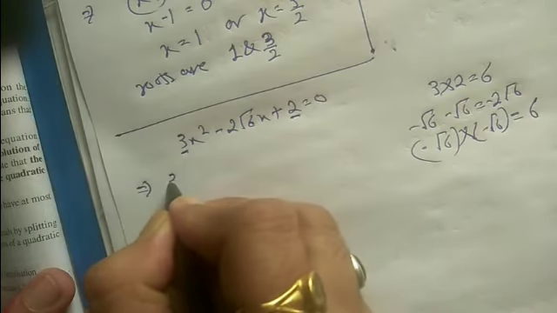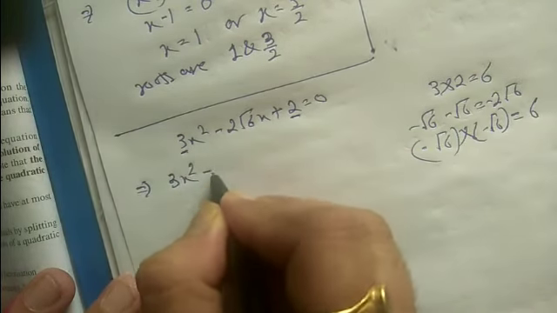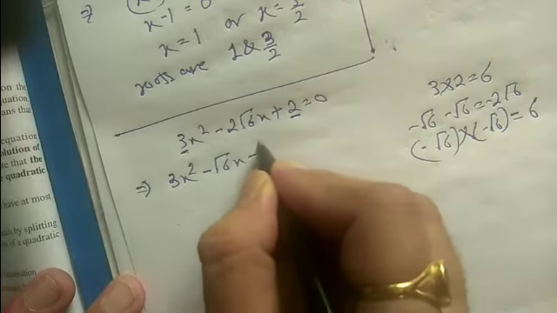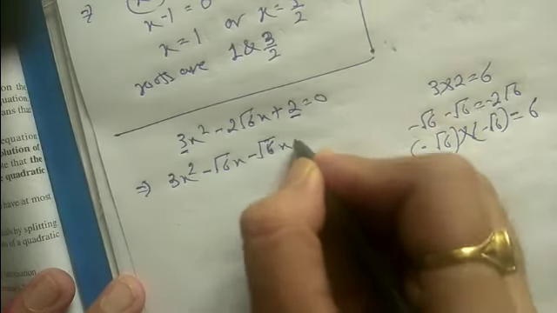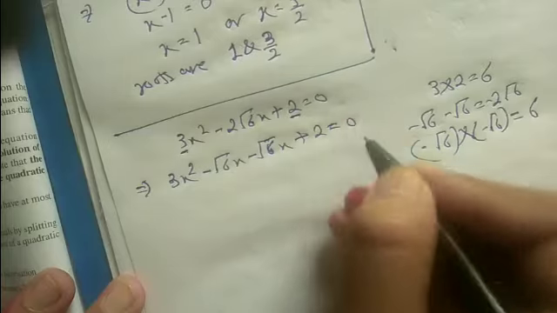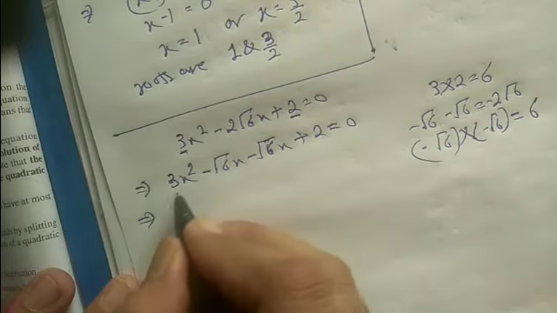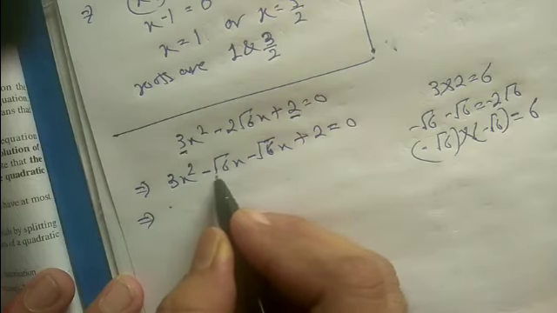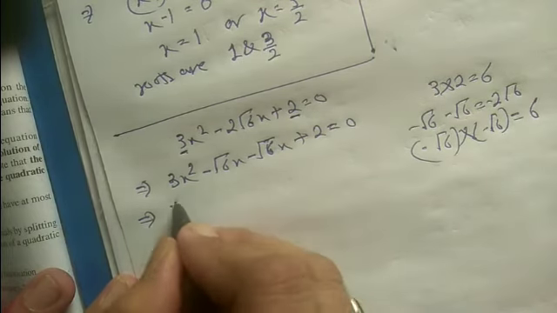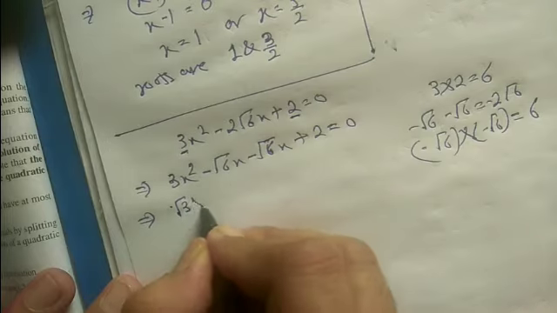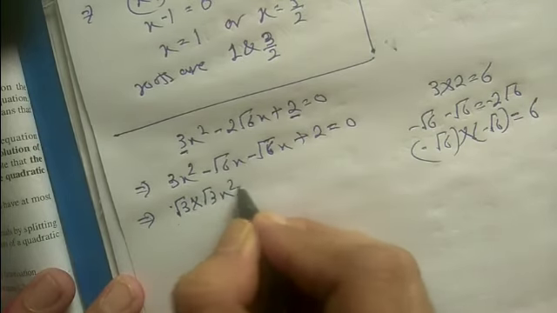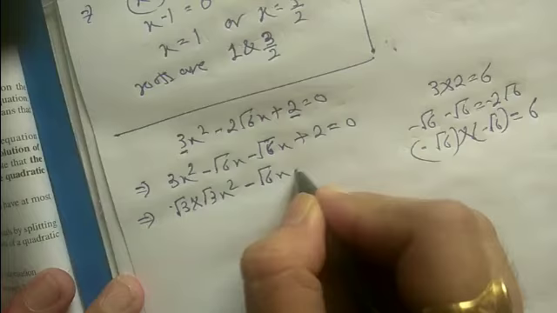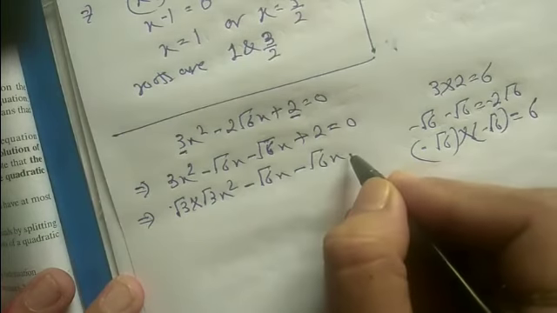So this middle term can be written as minus root 6x minus root 6x plus 2 is equal to 0. Now it's not possible for us to take common like this, so we'll write 3 as root 3 into root 3, so root 3 into root 3x square, then minus root 6x minus root 6x.